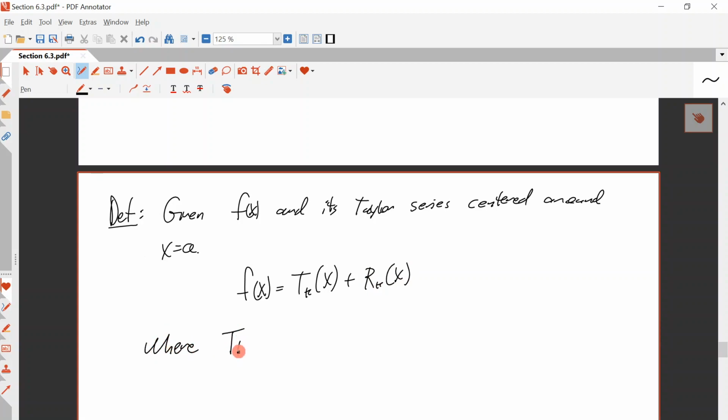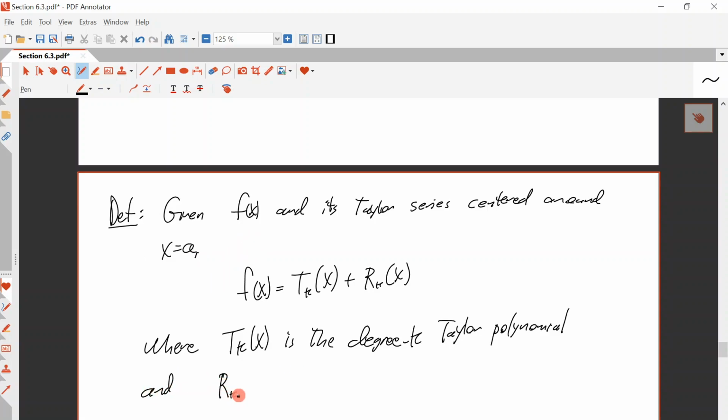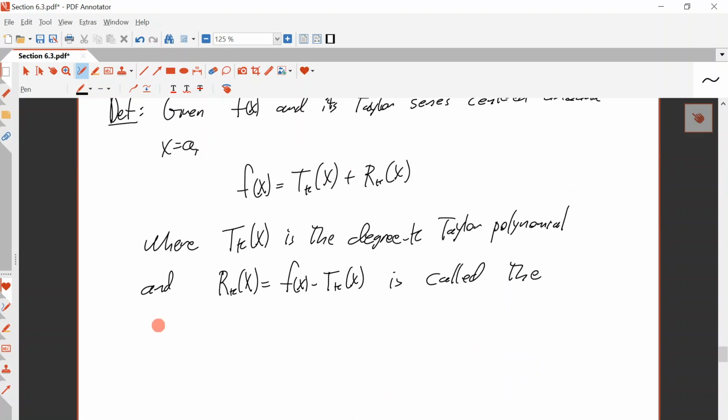Where T_k of x is the degree k Taylor polynomial, and R_k of x, which is just going to be f of x minus the Taylor polynomial, is called the kth remainder.